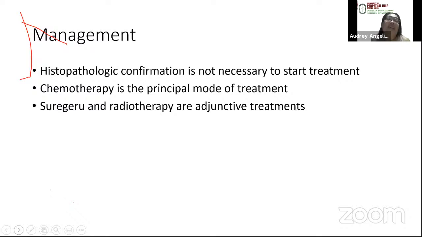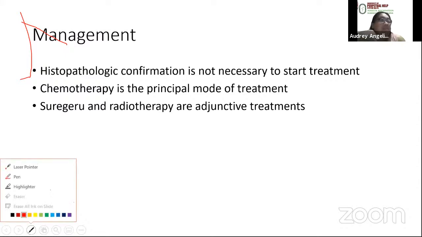Okay. So for management, histopathologic confirmation is not necessary to start treatment. So chemotherapy is the principal mode of treatment. Surgery and radiotherapy are only adjuncts.